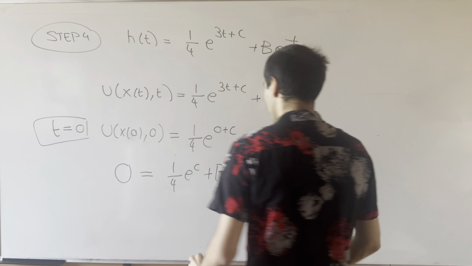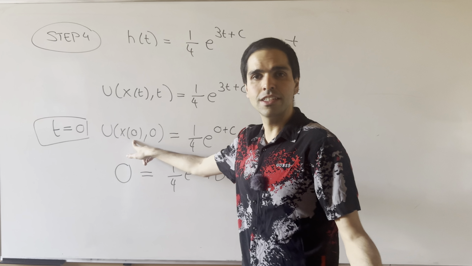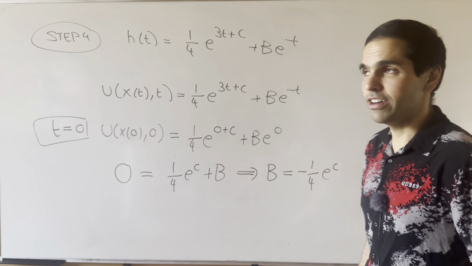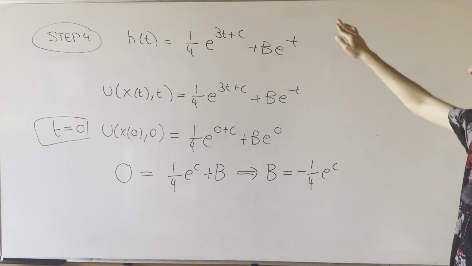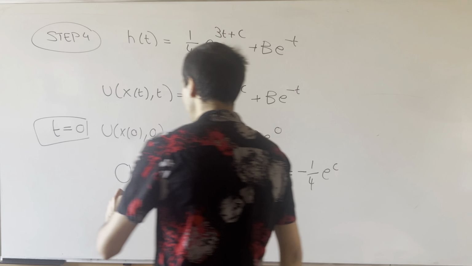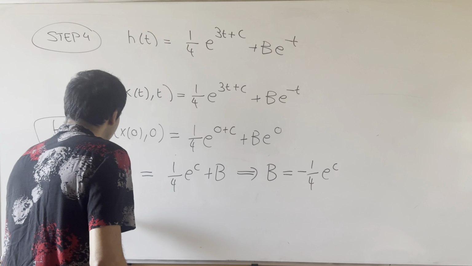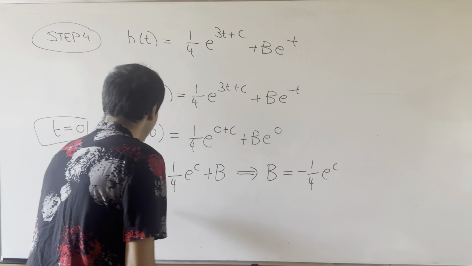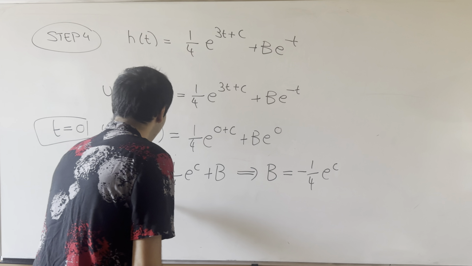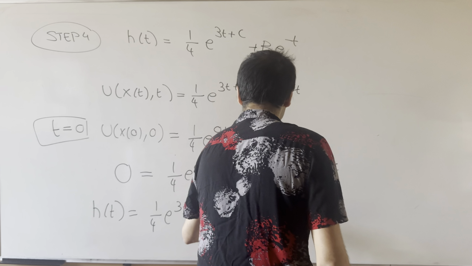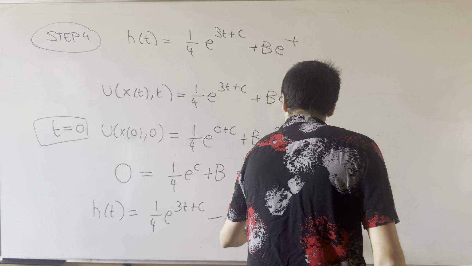Now, if this weren't 0, you would calculate, by the way, x of 0, which in this case would be 0 plus c, and you will get a slightly different equation. Okay, and now what we end up getting, we have now h of t is 1/4 e to the 3t plus c, and then minus 1/4 e to the c, and then e to the minus t.